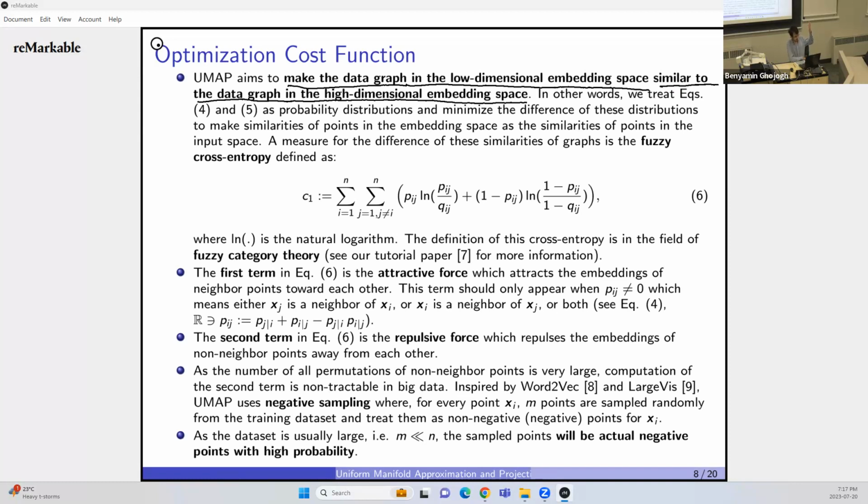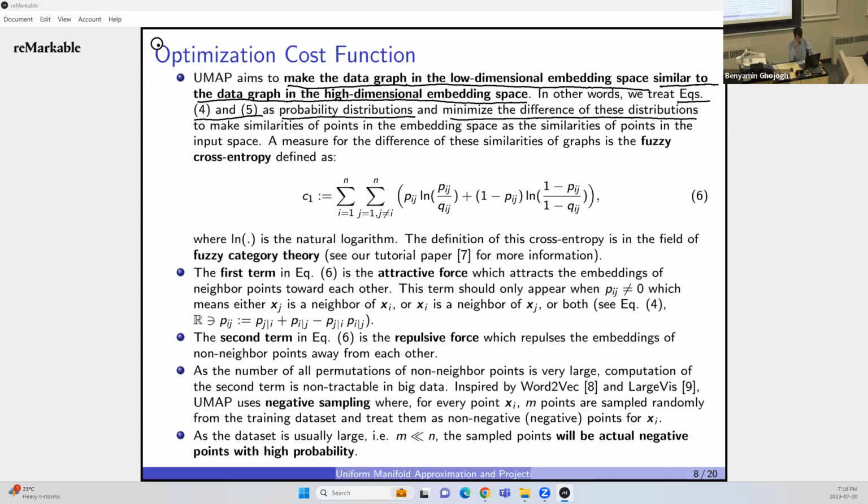I have a graph of data in the high dimensional input space. Let me embed data in the low dimensional embedding space in a way that the data graph in the embedding space becomes very similar to the data graph in the high dimensional input space. In other words, we treat equations 4 and 5 as probability distributions, and minimize the differences of these distributions.